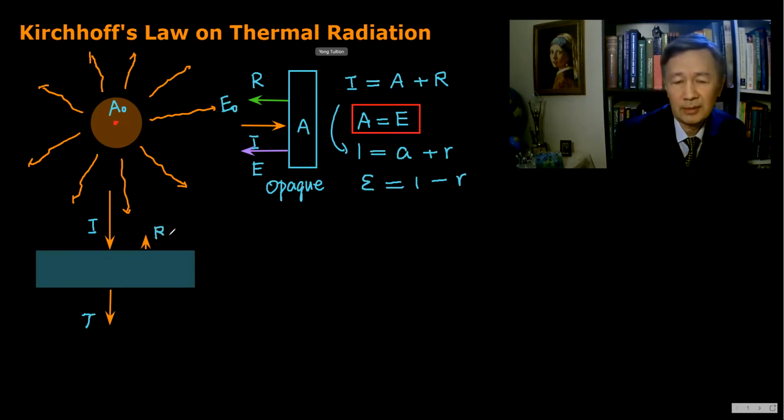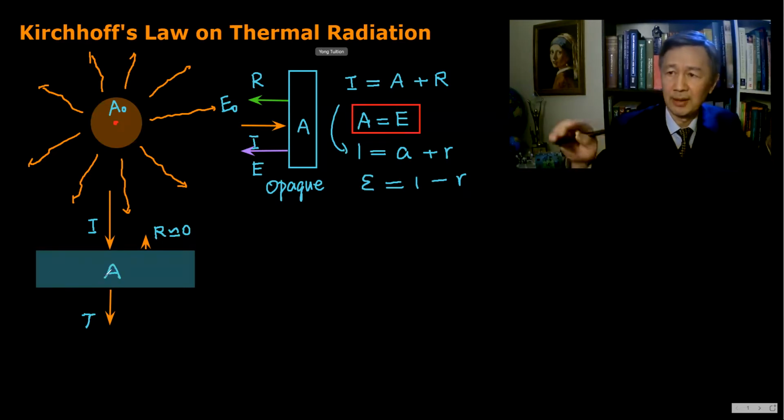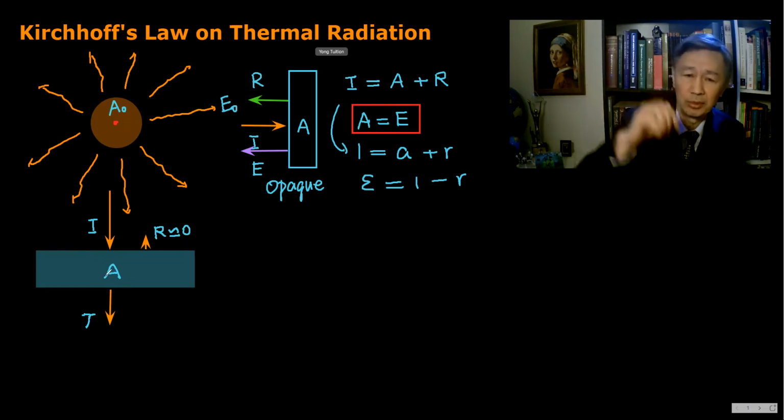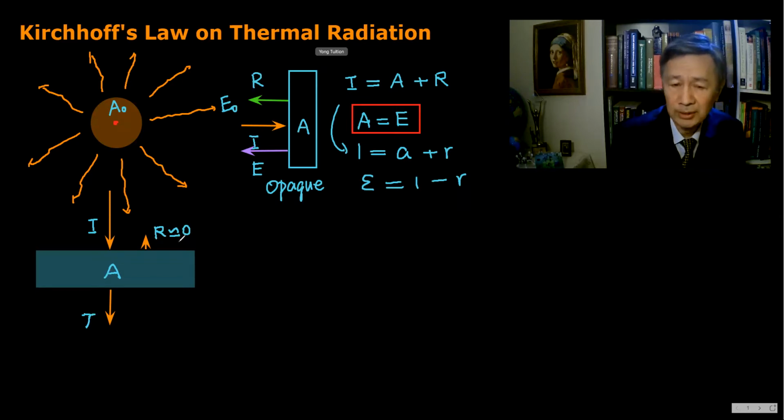In this case, we can generally assume that the reflection is almost zero. Absorption still occurs, do you agree? It's just like the glass in the roof of a greenhouse. They have a transparent glass as a roof, so reflection can be considered small to simplify this argument.